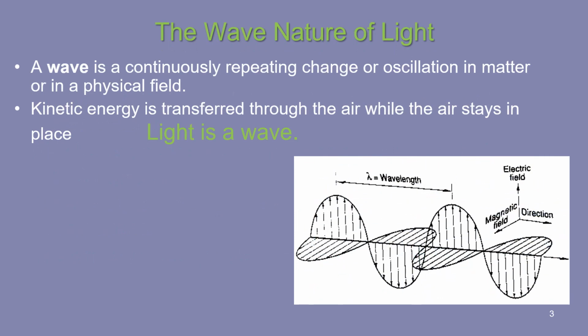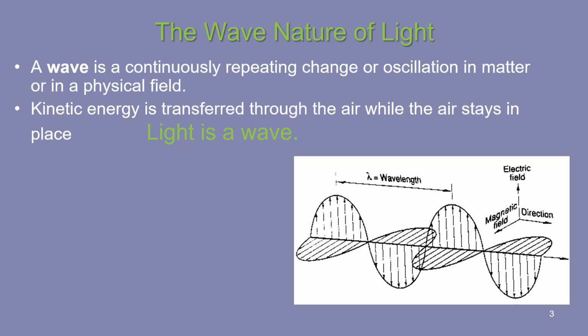Okay, so light is a wave. Light actually oscillates in both the electric field and the magnetic field, but we're just worried about the wave itself. A wave is a continuously repeating change or oscillation in matter. This is going up, down, up, down.